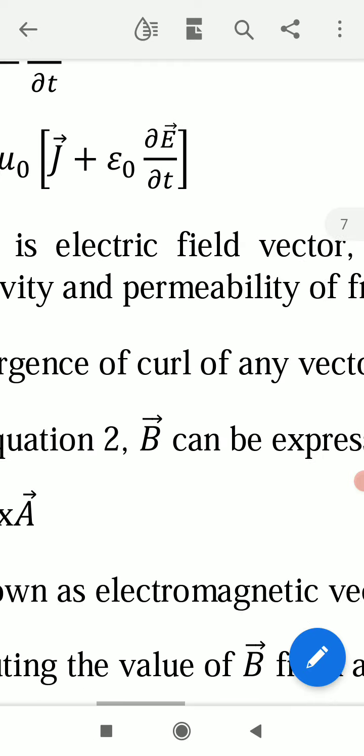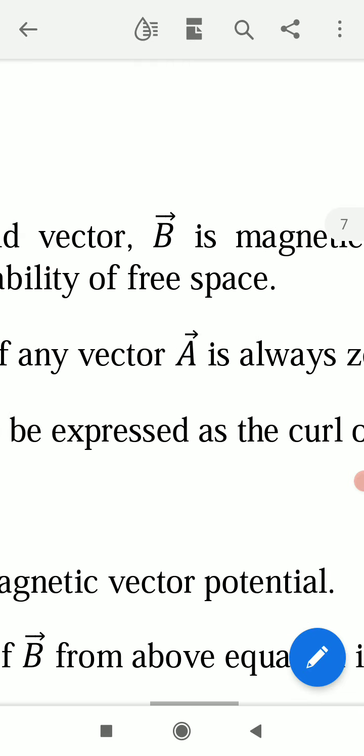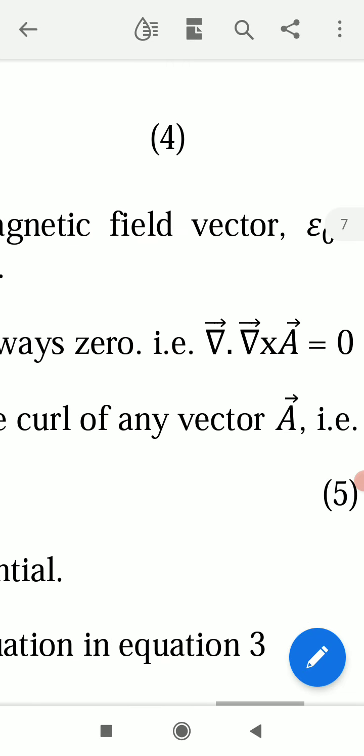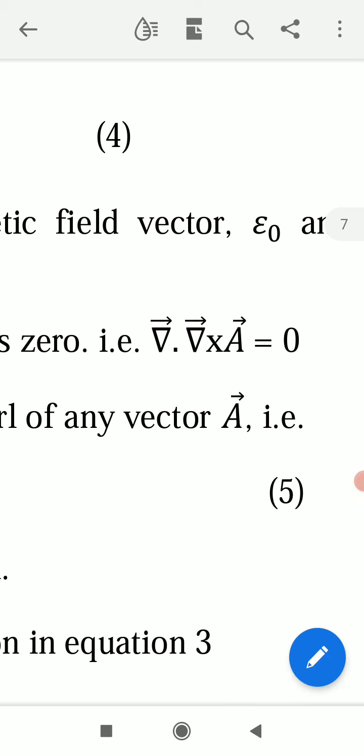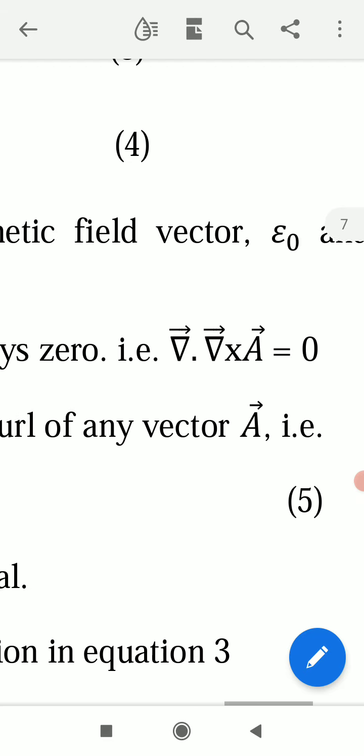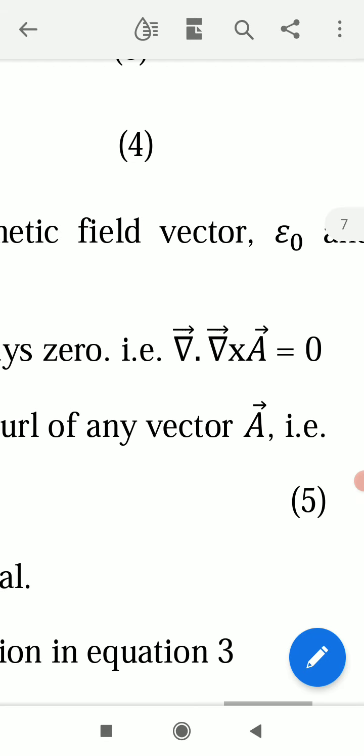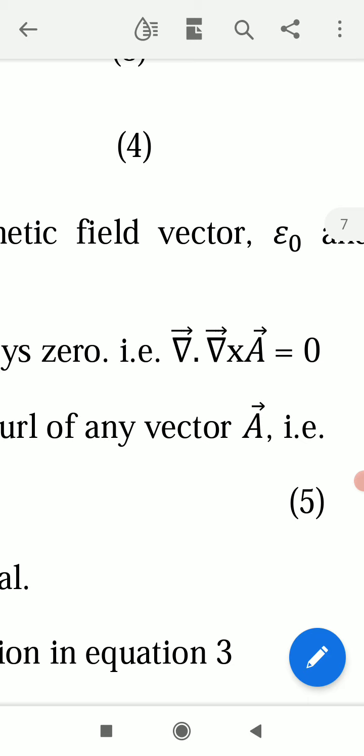As divergence of curl of any vector A vector is always 0, that is del dot del cross A is equal to 0. Del dot means divergence, del cross means curl, del cross A means curl A. So divergence of curl of any vector A is always 0.